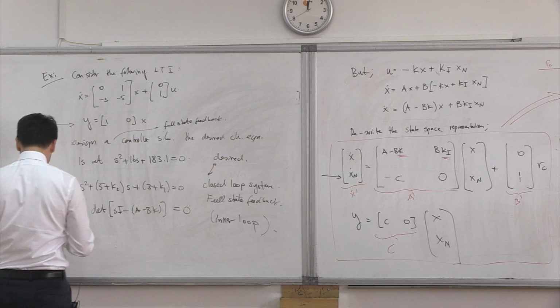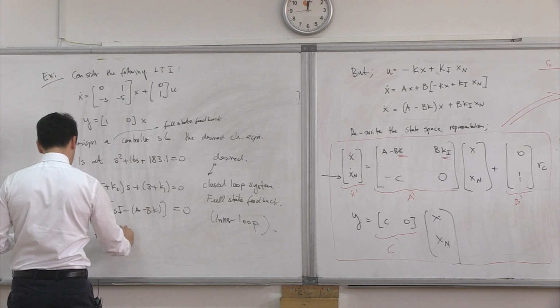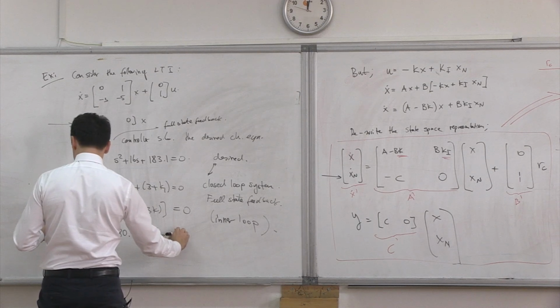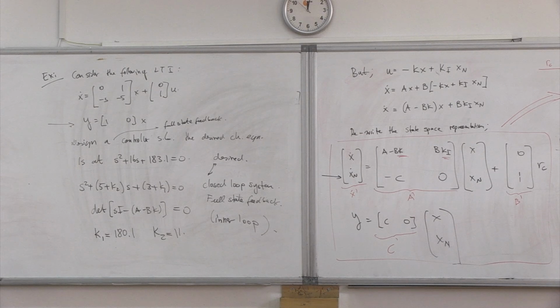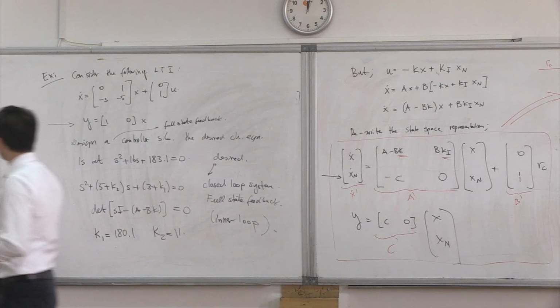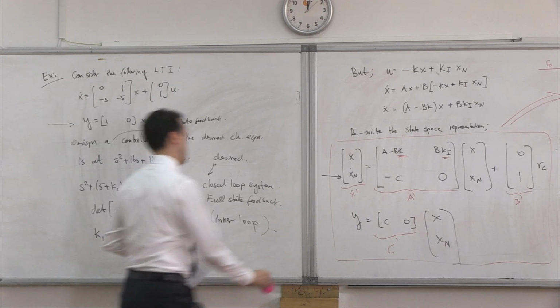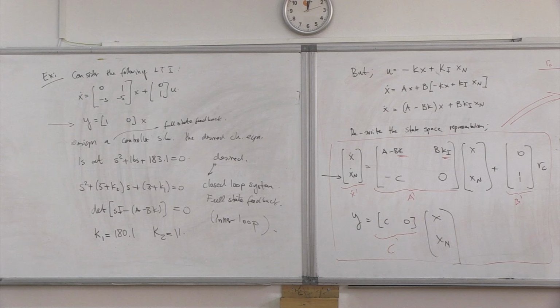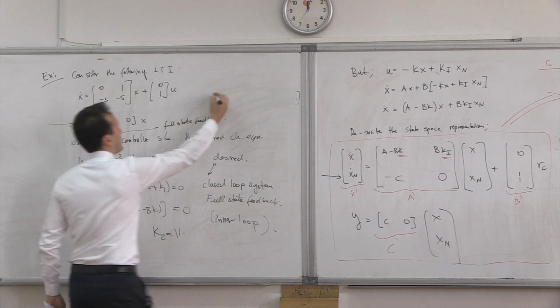Compare these two, and you will obtain k1 is equal to 180.1, and k2 is equal to 11. So this is the simple stuff. This is what we have done before.